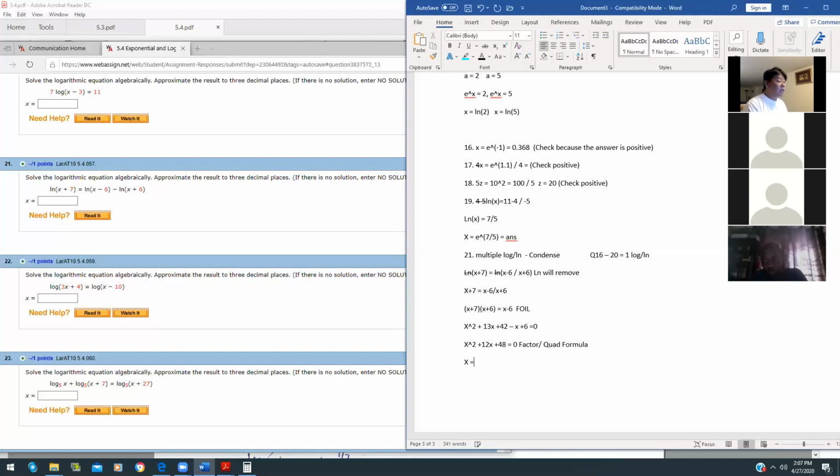So x in this case is negative 12 plus minus square root of b squared. B squared is 12 squared, which is 144, minus 4 times a, which is 1, we can ignore it, times 48, and then all over 2, because 2 times 1 is 2.